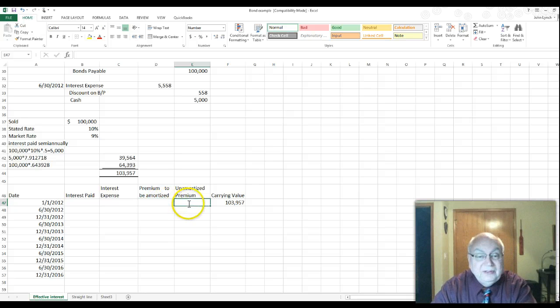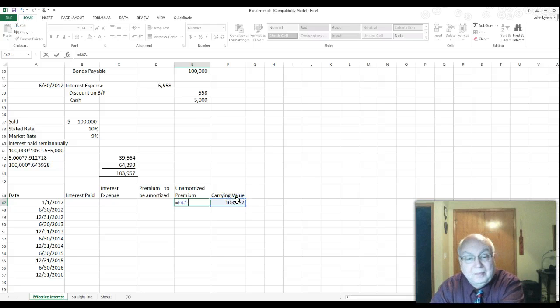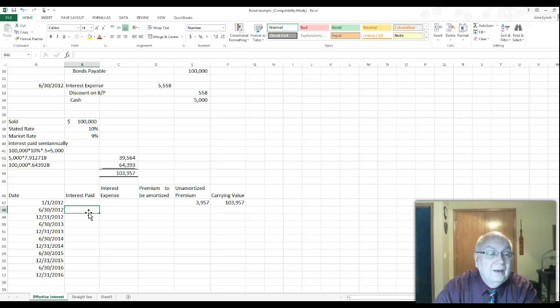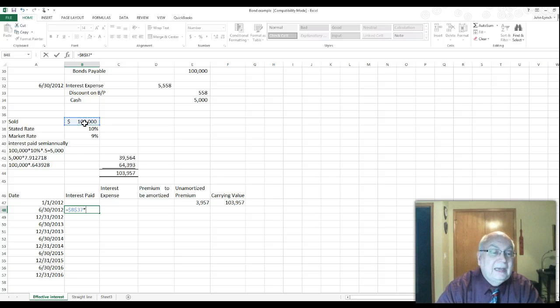This is going to be equal to now this one minus the 100,000. I changed it because I don't want negative numbers. You could use the absolute value sign, but that's okay. So this one again is equal to 100,000, just like before, times the 10% times 0.5.